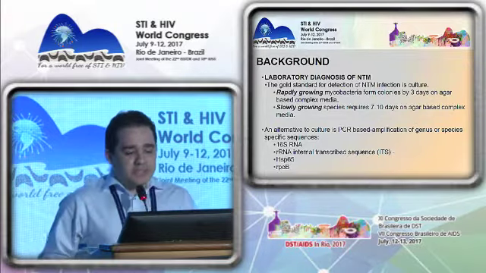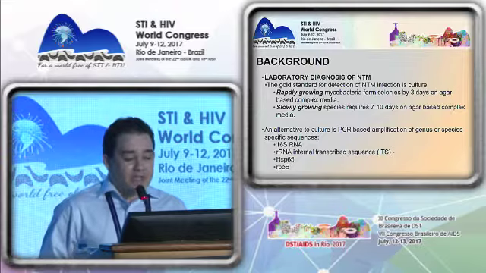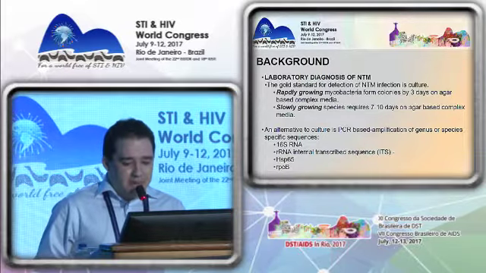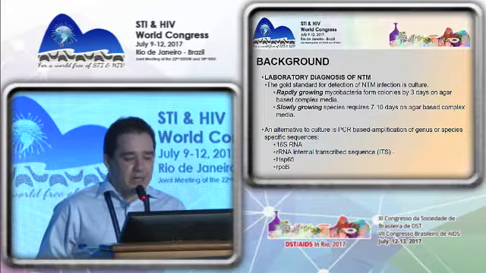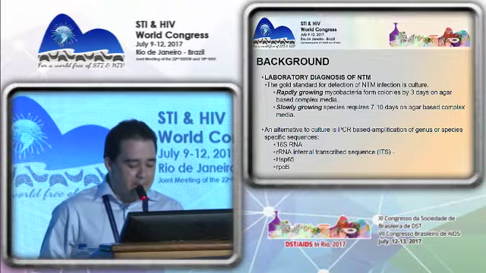The gold standard for detection of NTM infections is culture. Rapidly growing mycobacteria form colonies by 3 days on agar-based complex media, and slowly growing species require 7 to 10 days on agar-based complex media.